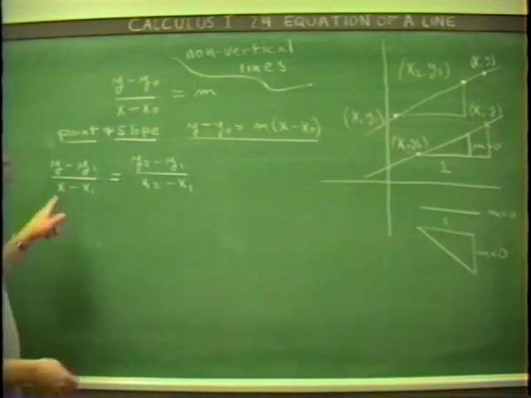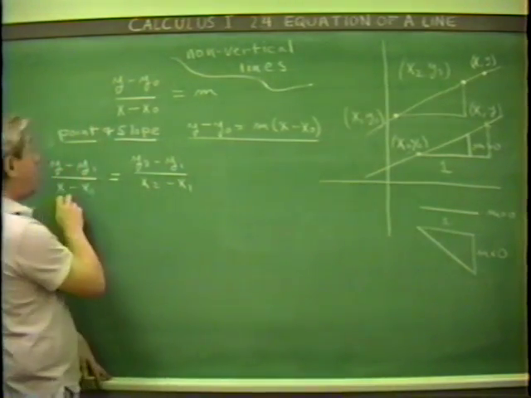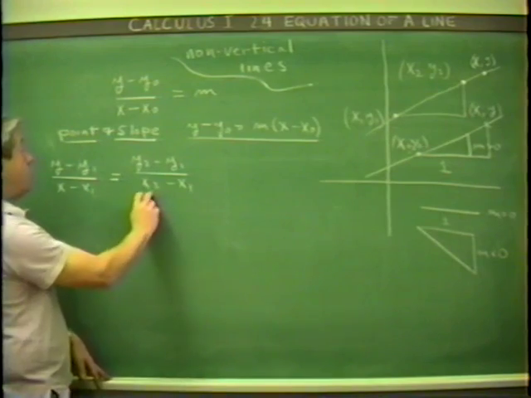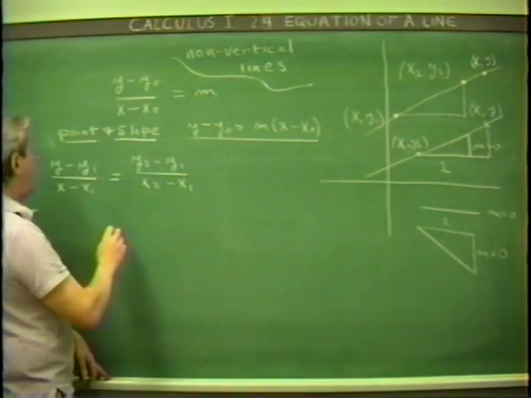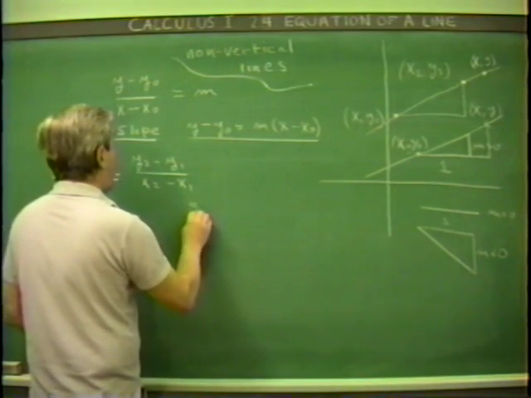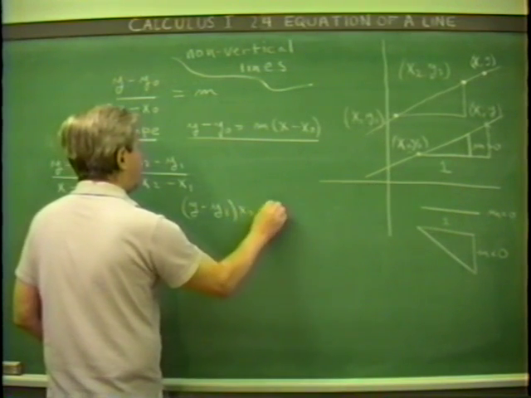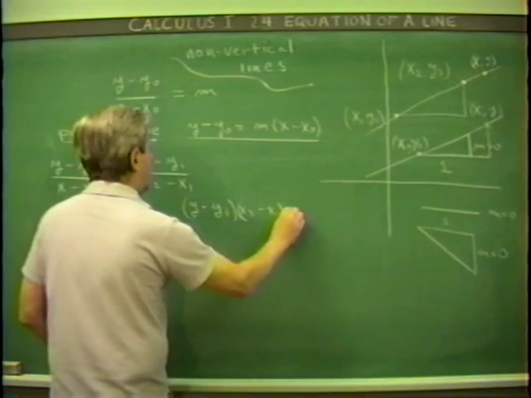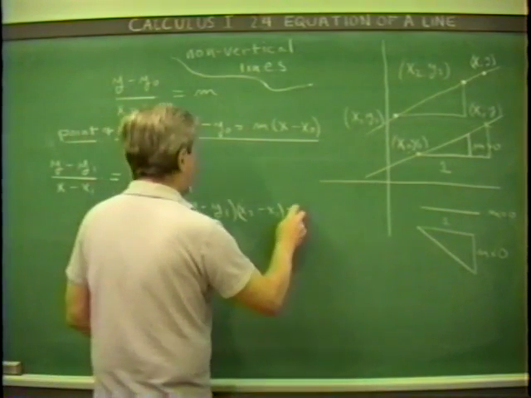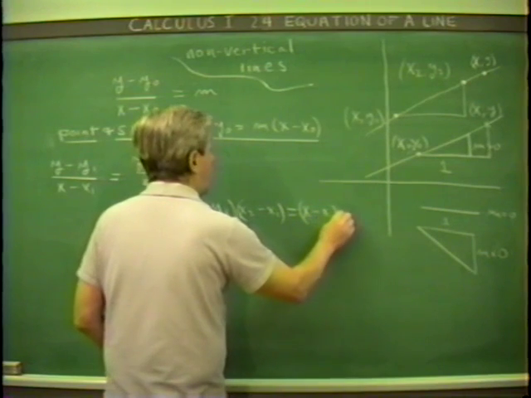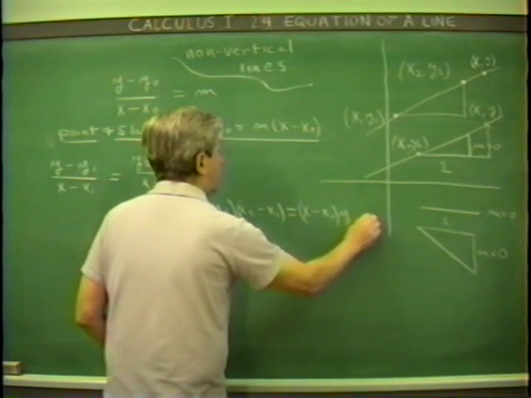And so the actual equation that we want out of this is going to be achieved by multiplying both sides here by x minus x1 and by x2 minus x1, and getting y minus y1 times x2 minus x1 is equal to x minus x1 times y2 minus y1.